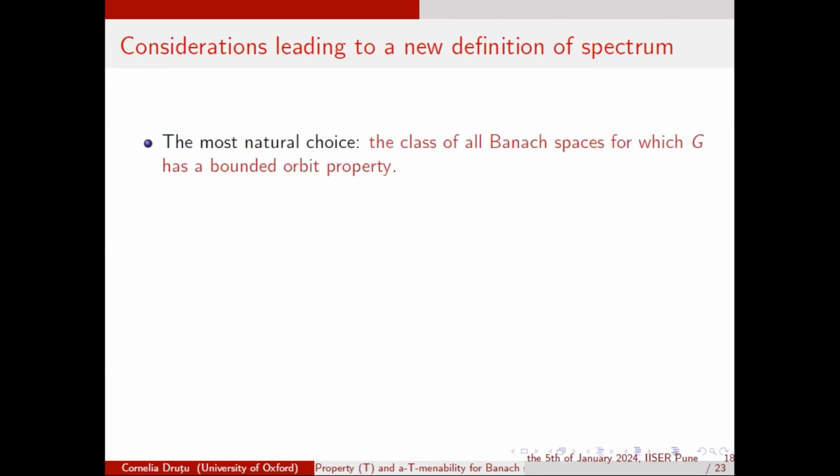So, well, we could say, I'm just taking all the Banach spaces for which G has a bounded orbit property. The only problem for that one is that it is not a set, because the class of Banach spaces is not a set. But if we restrict to countable groups, in that case, it suffices to restrict to separable Banach spaces, and that is a set. So we could look at that set. And that set will really cover all the fixed point properties that a group has.